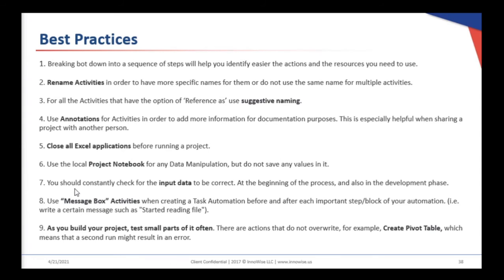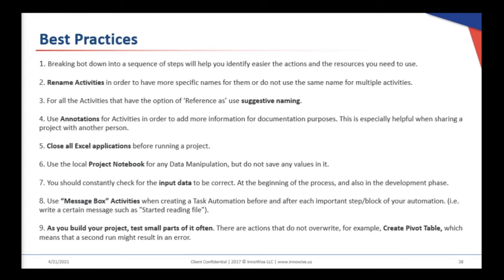Then you should constantly check for the input data to be correct. Whenever we have input data and we process some activities on it so that it gets converted into a presentable format, we should always make sure that the input is what we expect it to be.